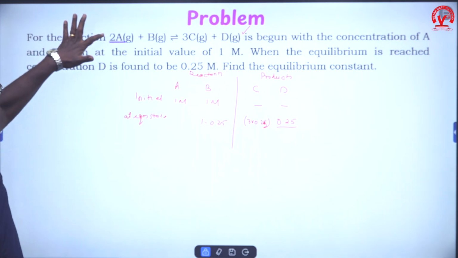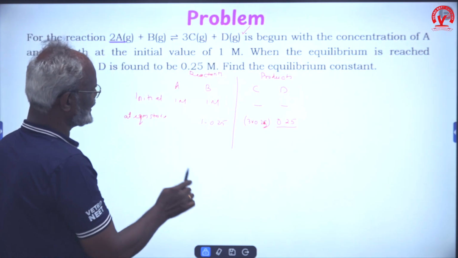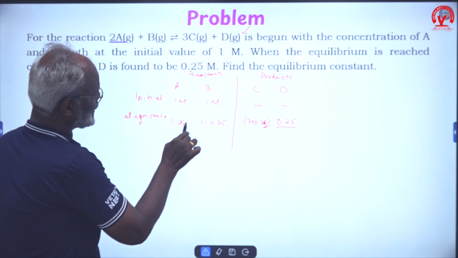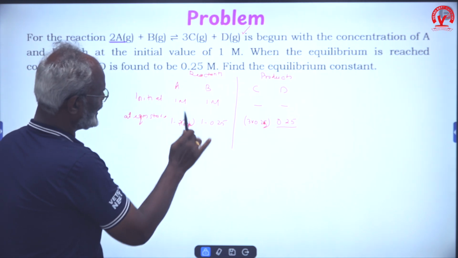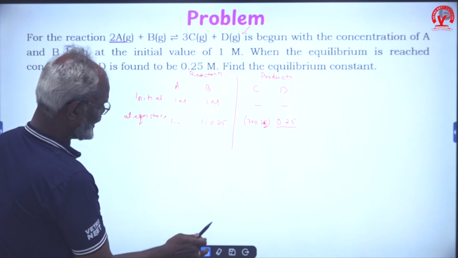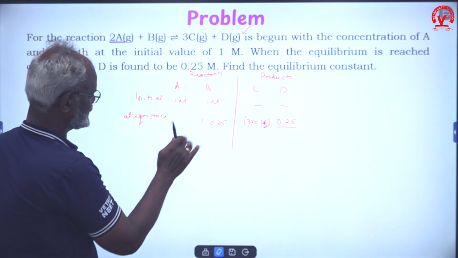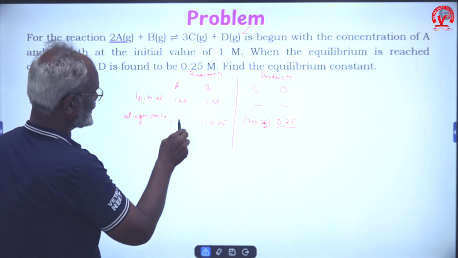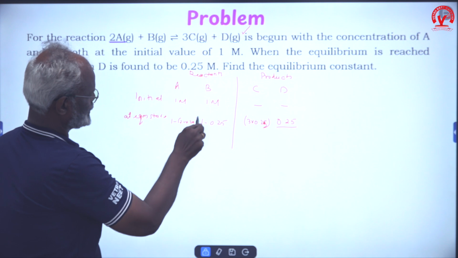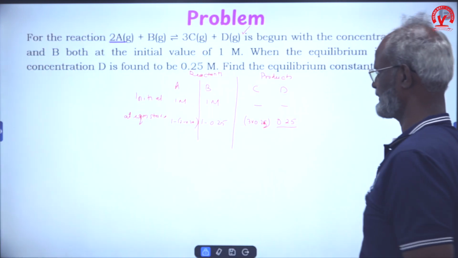Similarly, come to A. If 2A reacts, 1 D is formed. Therefore, 1 minus 2 into 0.25. Are you able to understand this?